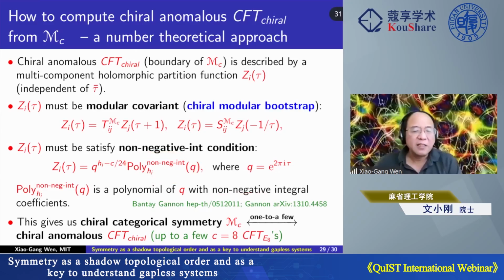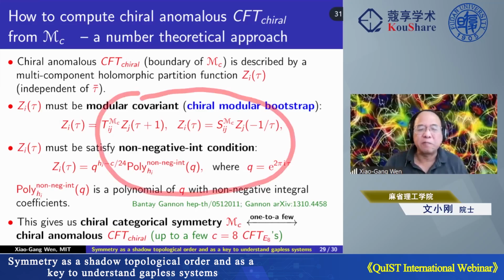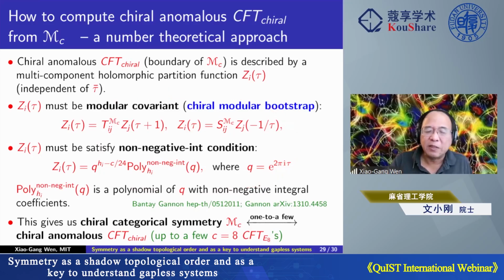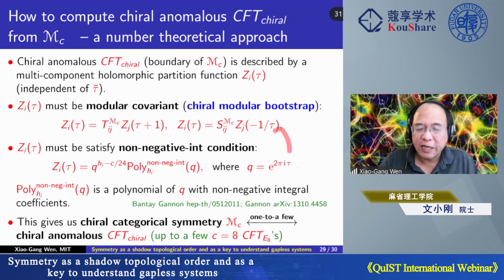Okay, so I feel that these two conditions combined are very powerful, and probably can determine this chiral partition function completely. I say this is very powerful because there is the very popular conformal bootstrap, which uses a similar approach. But the conformal bootstrap does not use the integer condition.